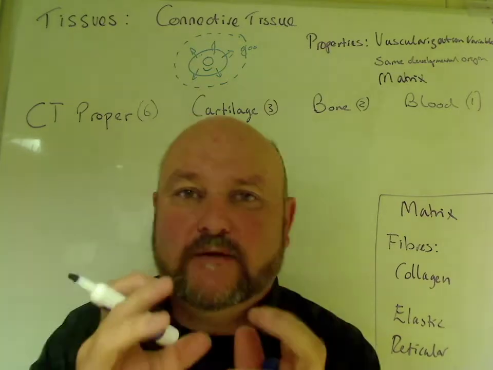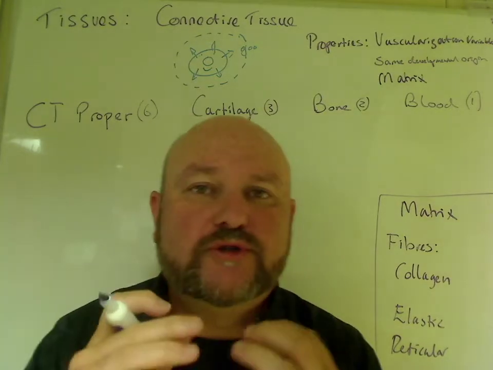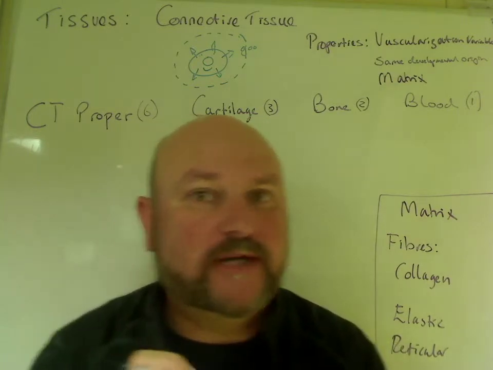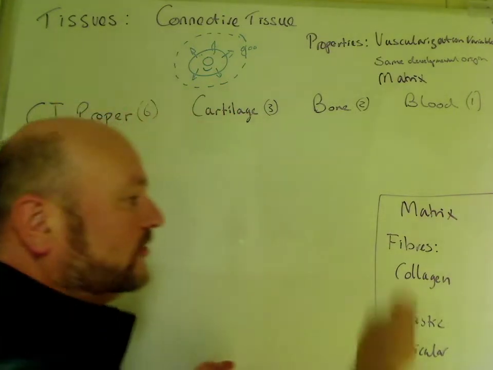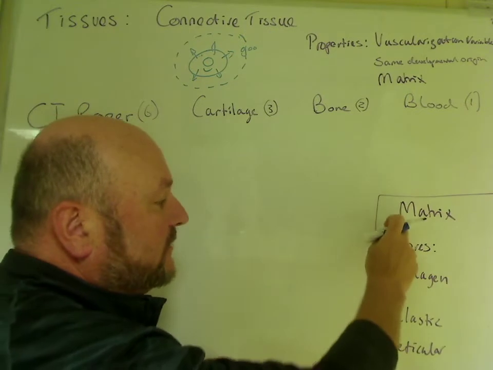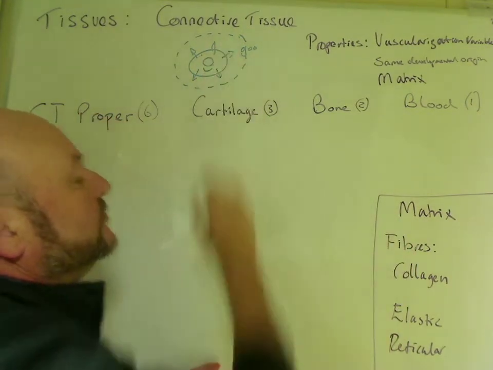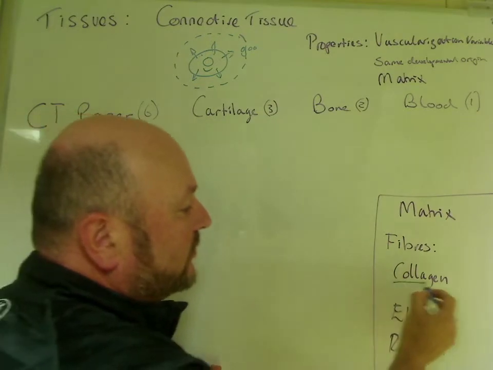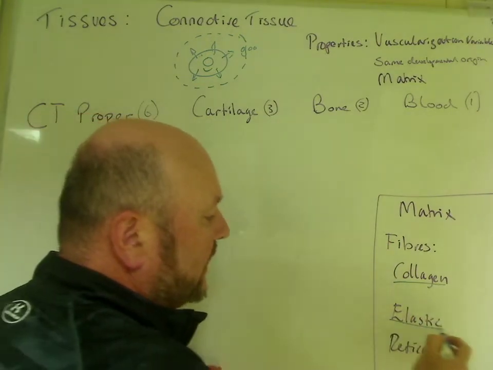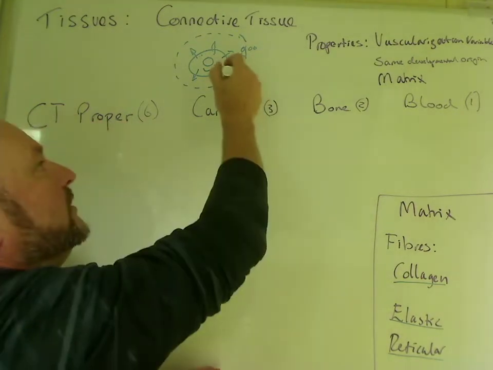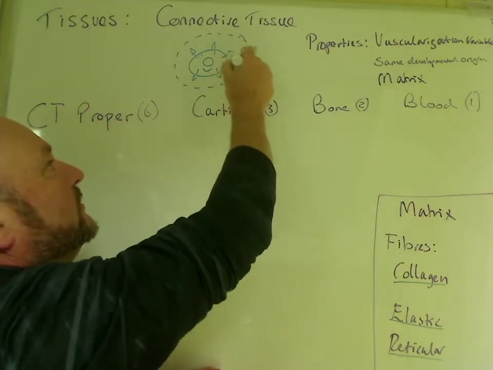Now in that fluid it can also produce fibres, and there are three types of fibre that we need to know about, and I've got them listed here. So in our matrix, which is being produced inside the cell but then pushed out of the cell, we've got collagen fibres, elastic fibres, and reticular fibres that can all be moved out here as well.